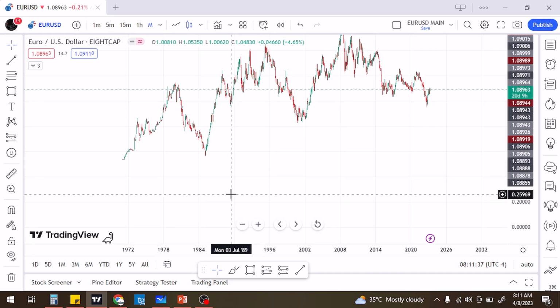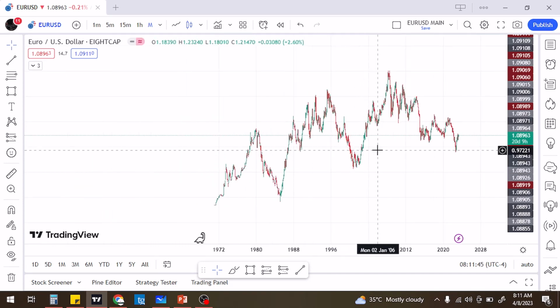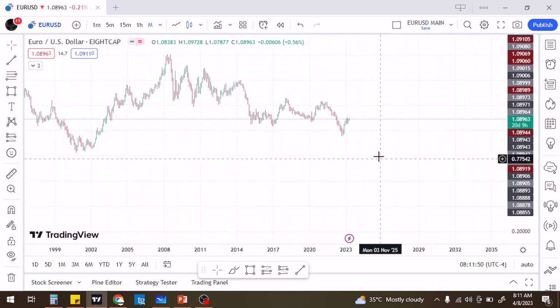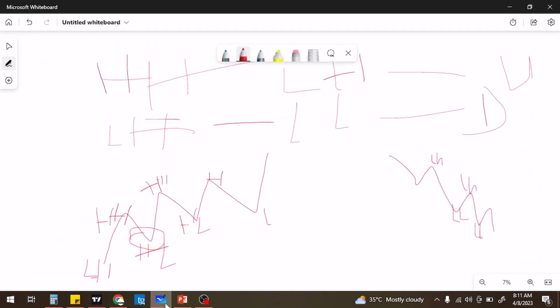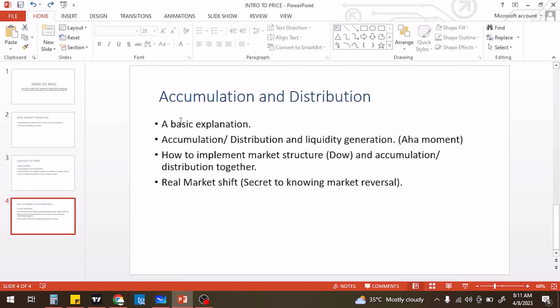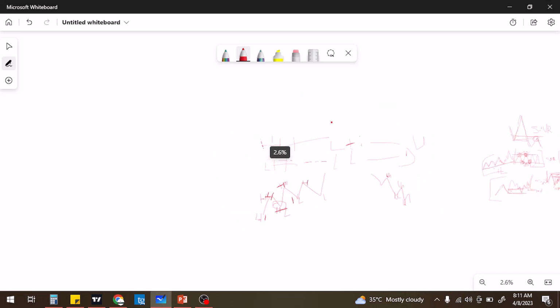First, you need a good strategy, and psychology plays along. It's not about overcomplicating it and having 100 indicators like RSI, MACD and Bollinger Bands to make money in this forex market. So we're going to be looking at accumulation and distribution, a basic explanation.